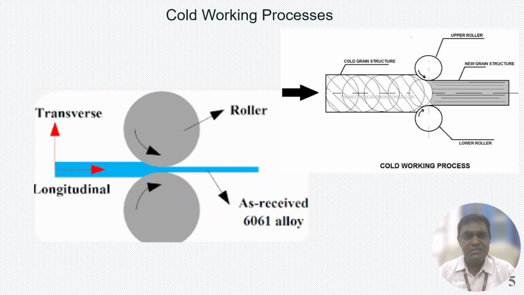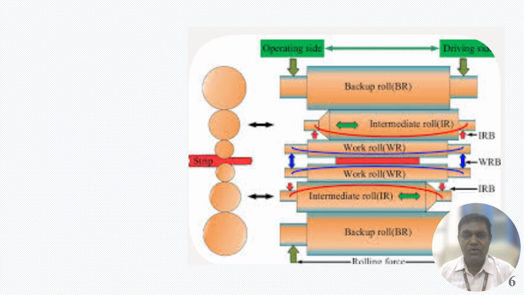Let us say the supporting roller is rotating clockwise, whereas the load-applying roller is rotating counterclockwise, so that the metal will flow in this direction. You can adjust the gap between the two rollers according to what thickness of the metal is required during this process. So this is called the rolling process.